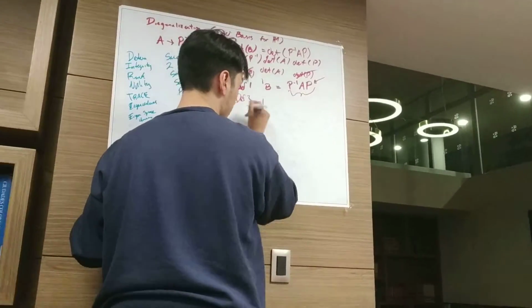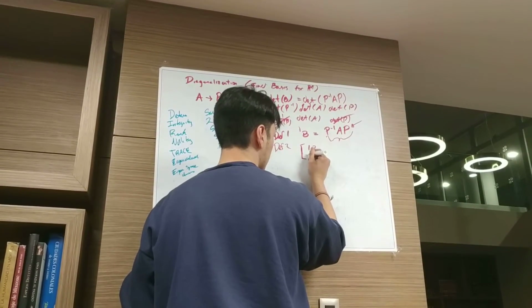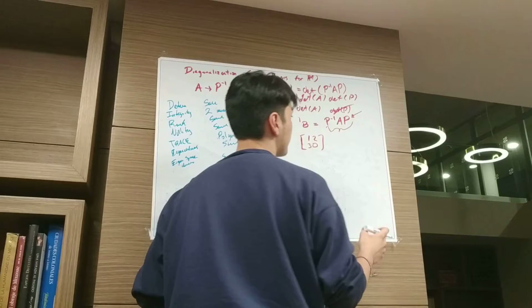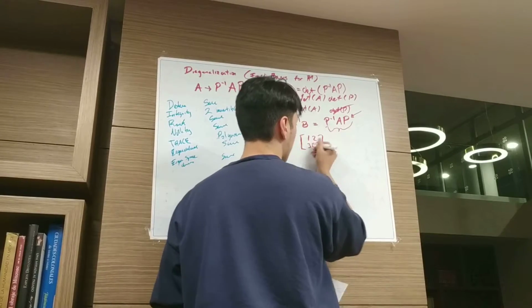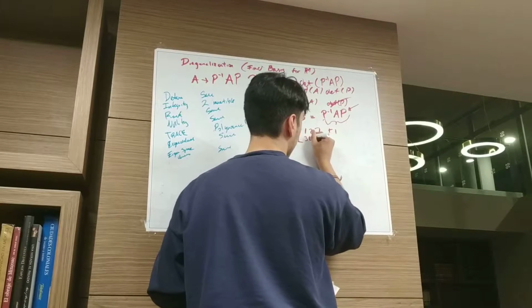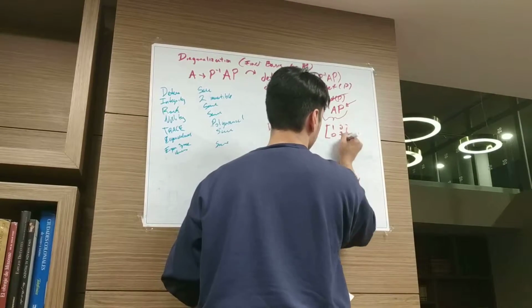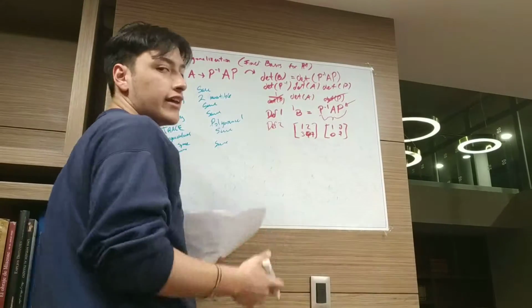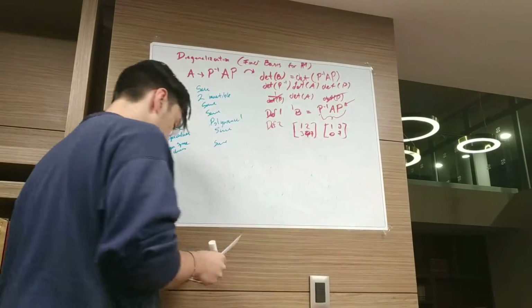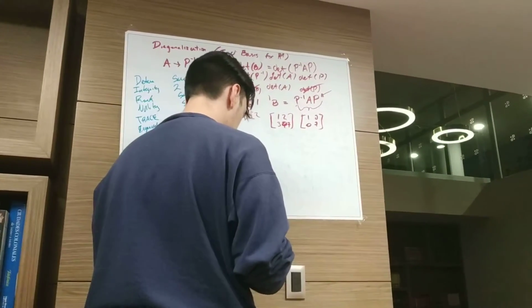So for example, a quick example is 2, 2, 3, 0. If there exists any P that can make this diagonal, for example, well, it's a bad example, 7 for example. This is diagonalizable.